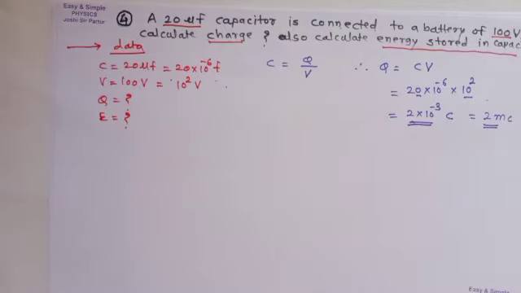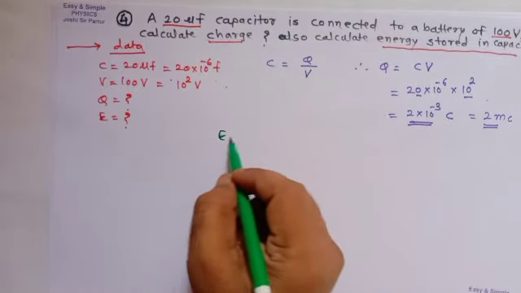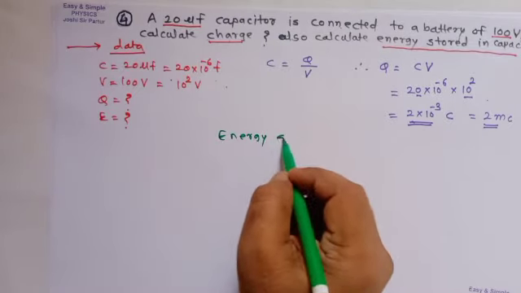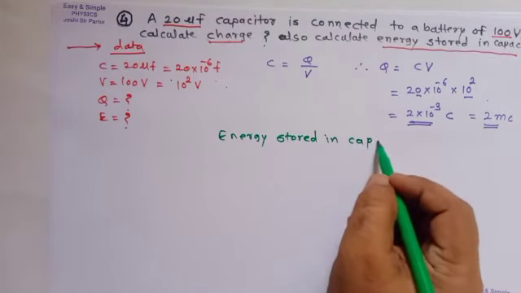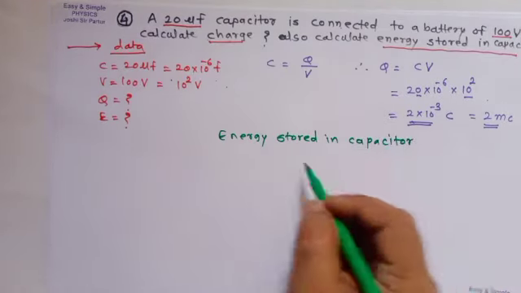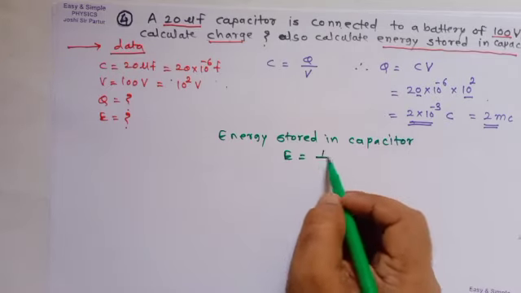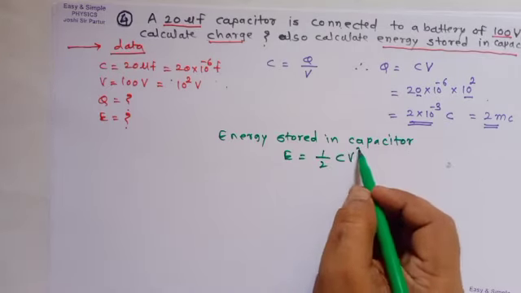So here, energy stored in a capacitor, we use the formula half CV square.